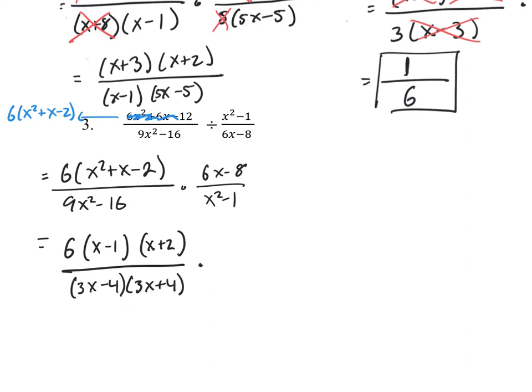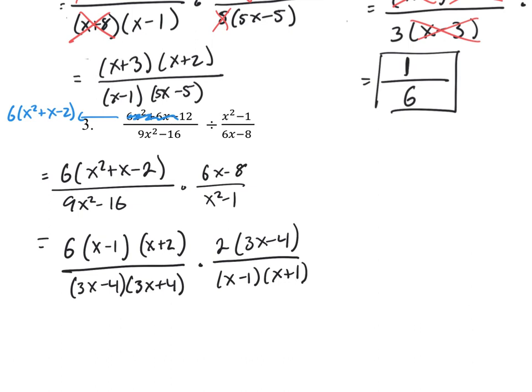Factoring out a GCF of this guy, the 6x minus 8, we can factor out a GCF of 2. So we get 3x minus 4. And then x squared minus 1 is again a difference of 2 squares. So remember, 1 is a perfect square. It's just kind of the funky one. So we're going to have x minus 1, x plus 1.